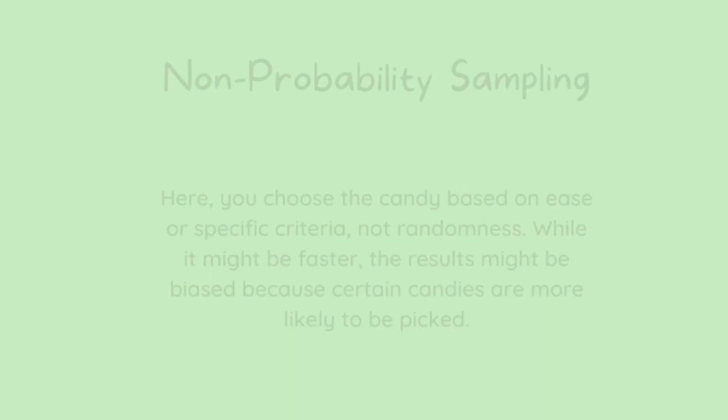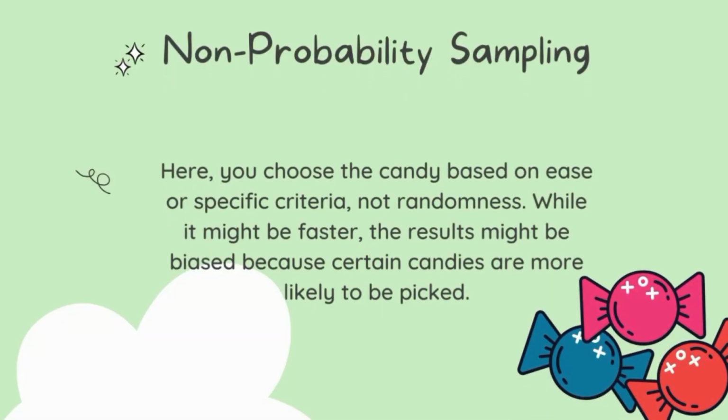So the next one is non-probability sampling. What is non-probability sampling? In non-probability sampling, not every member of the population has a chance of being selected for the sample. Here you choose the candidates based on ease or specific criteria. But in probability sampling there is no criteria; we just randomly select the sample based on a randomization process.